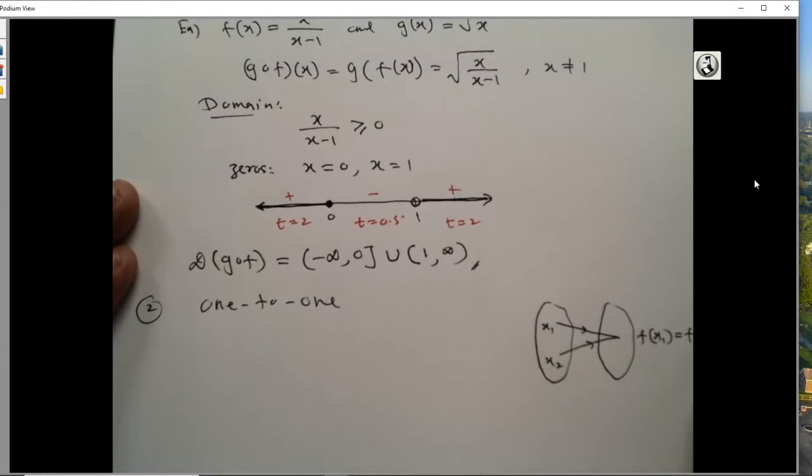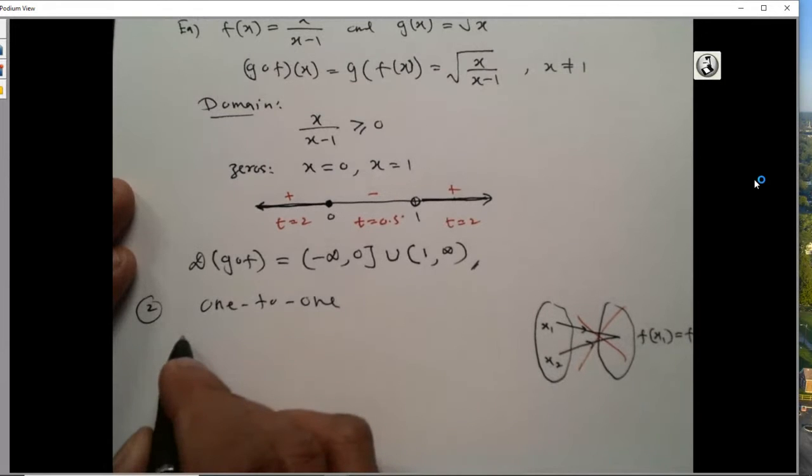This is not one-to-one, because you see the 2 goes to 1. This is 2 to 1, so we try to avoid this. What this means is that if the outputs are the same, you want to make sure that the inputs are the same. That is the definition we use.